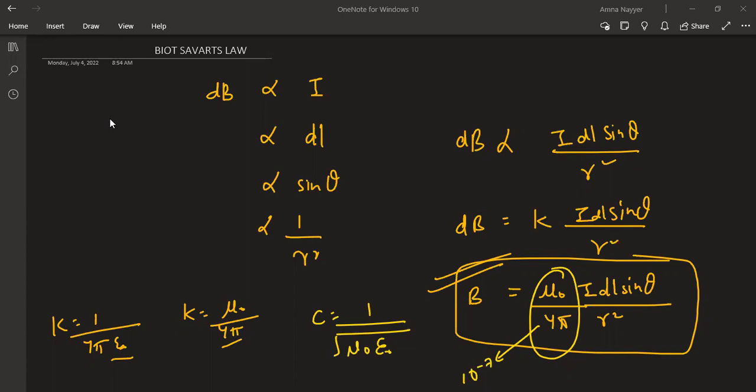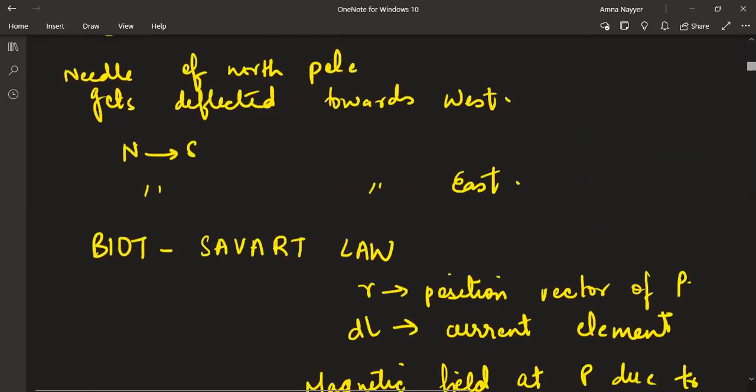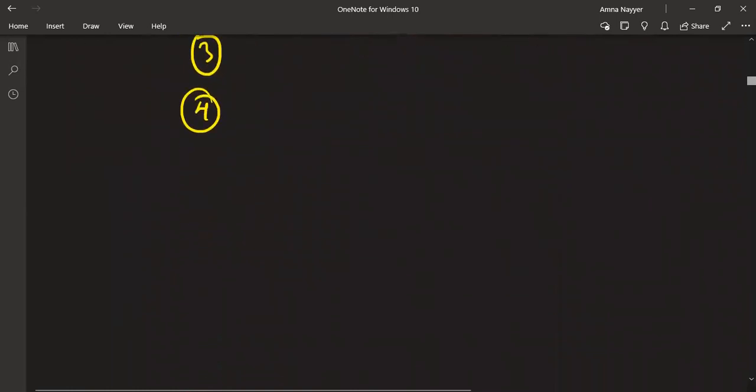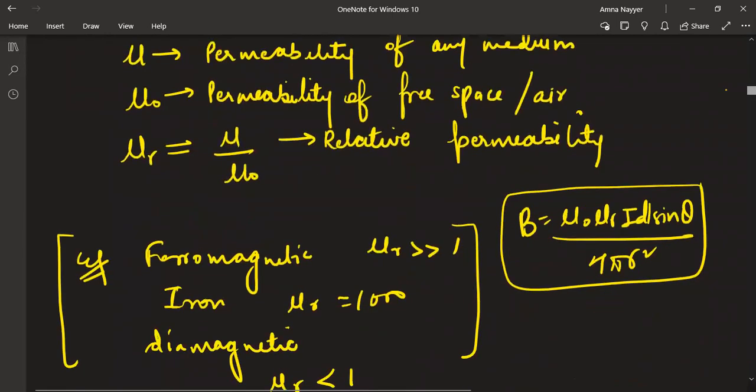Now the value of k here in magnetics is mu naught by 4 pi, that is 10 to the power minus 7. This is one conversion: 1 Tesla is equal to 10 to the power 4 Gauss, because Tesla is the SI unit of it. Now, this mu naught is the permeability of free space.